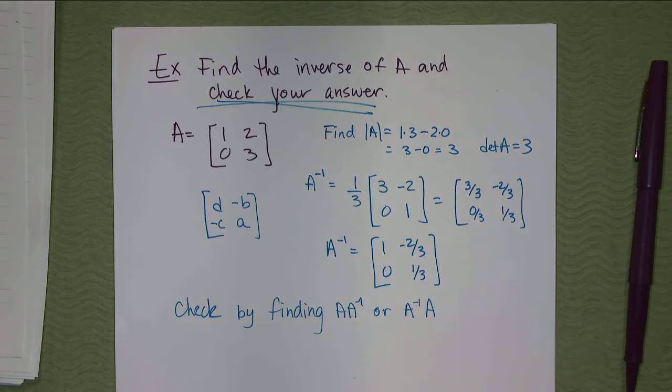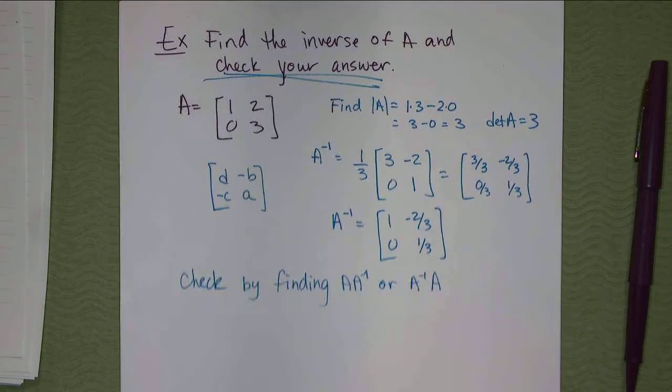So multiply them either direction, it doesn't matter, because if that's the inverse both ways, it will give you the identity.